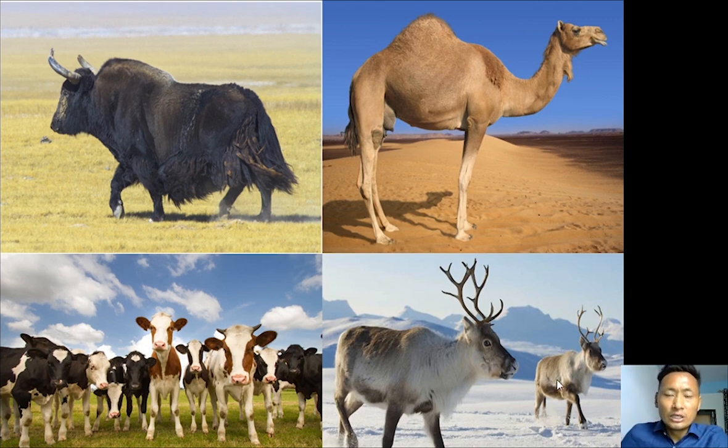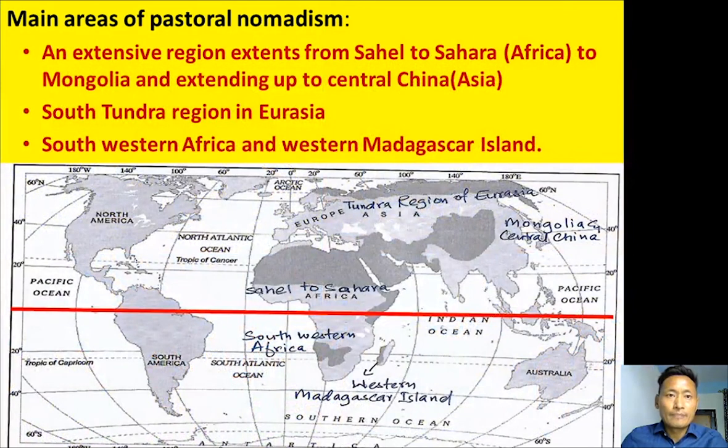So these are the different types of animals reared and grazed by people in different geographical and climatic conditions of the world. At present, still some people are engaged in these types of primary activities.